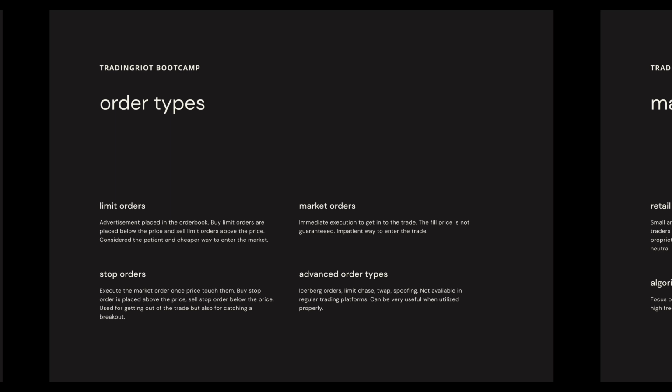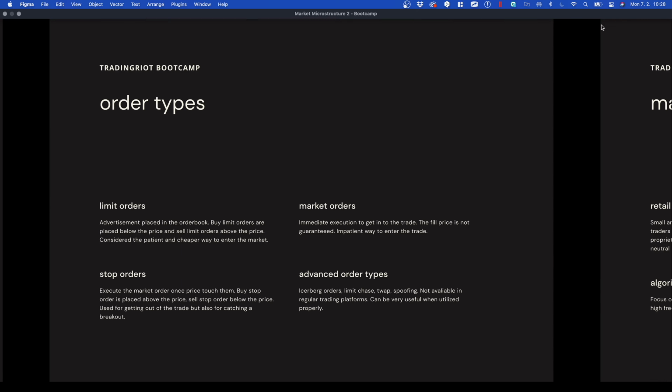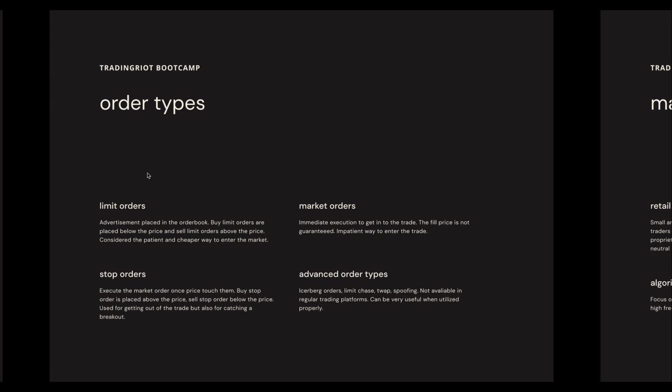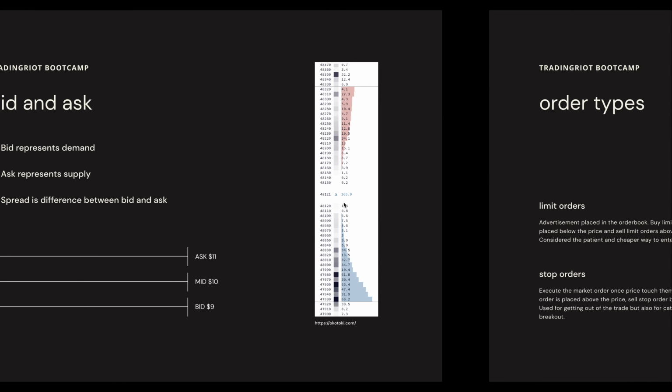The more advanced platforms, which will be covered later on, will allow you to buy and sell at the best bid and offer, which means that you are automatically placing orders at the closest prices in the order book.